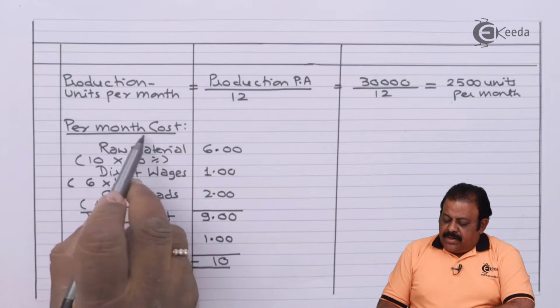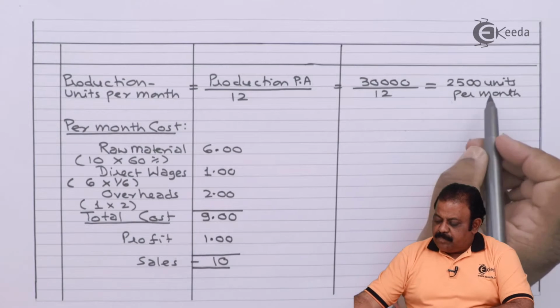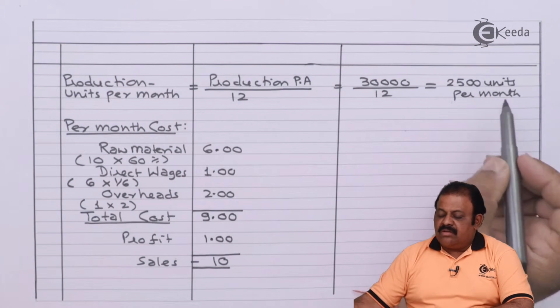We are calculating per month cost, so we'll multiply all these values with per month output production units 2,500.